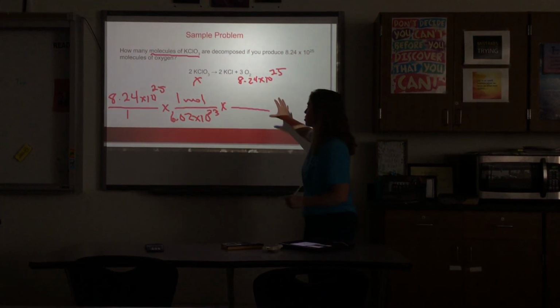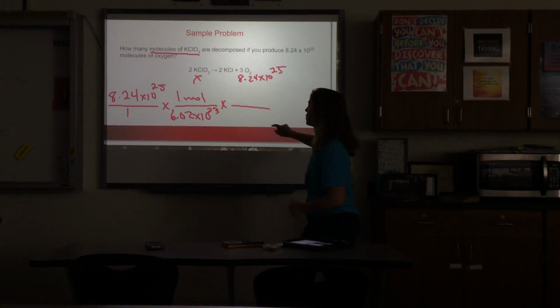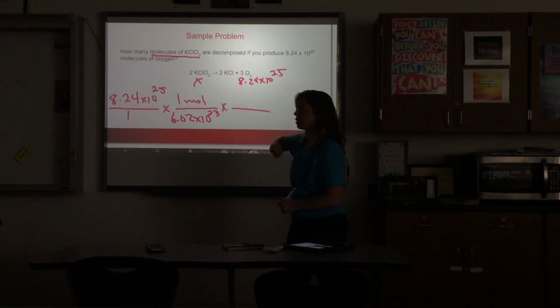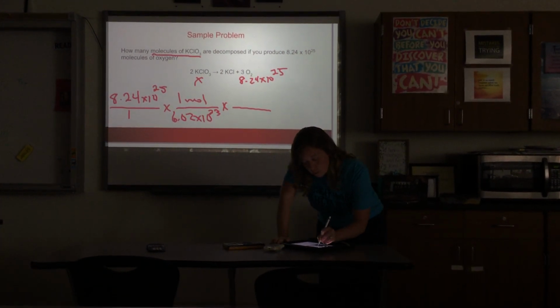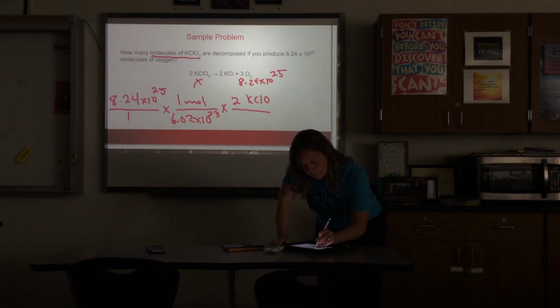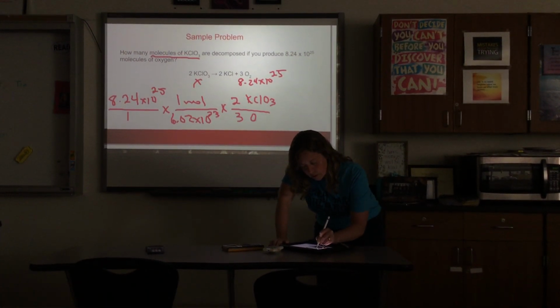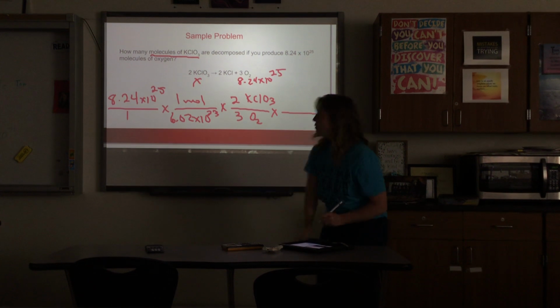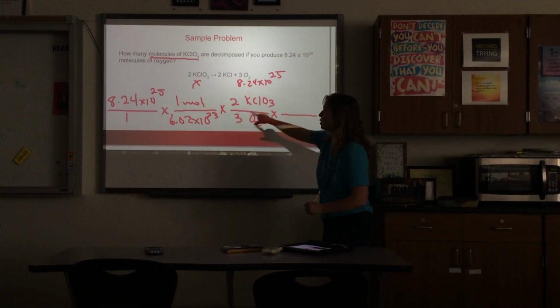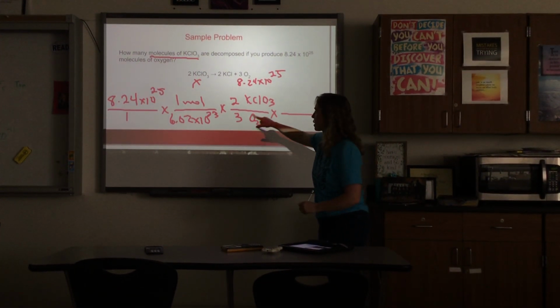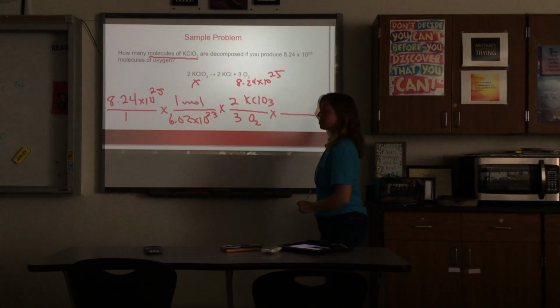And the middle block will still be mole to mole ratio. It's what I don't know over what I do know. So you're going to have 2 moles of KClO3 over 3 moles of oxygen gas. And then finally, the last block is going to look just like the one in number 2, the second block, except now we're going back to particles.